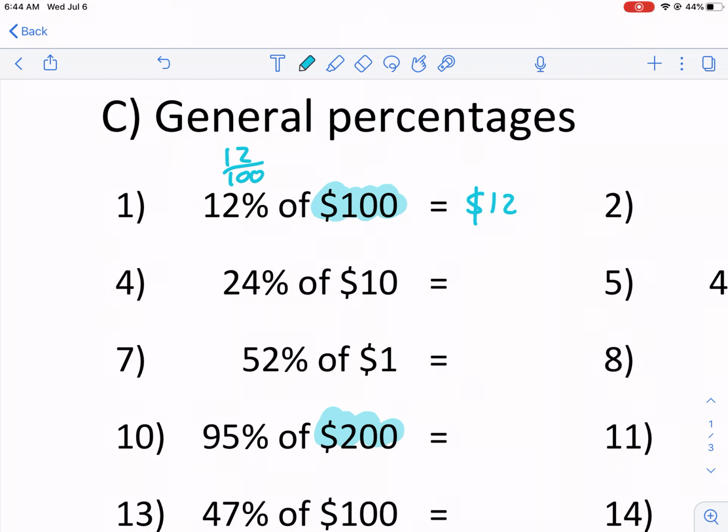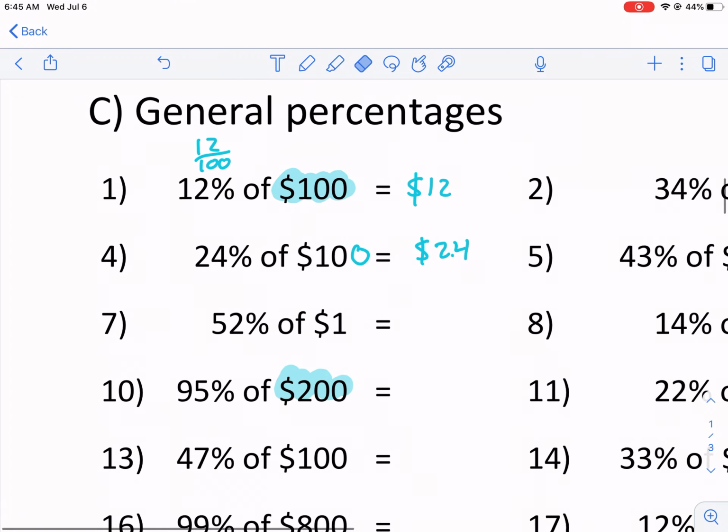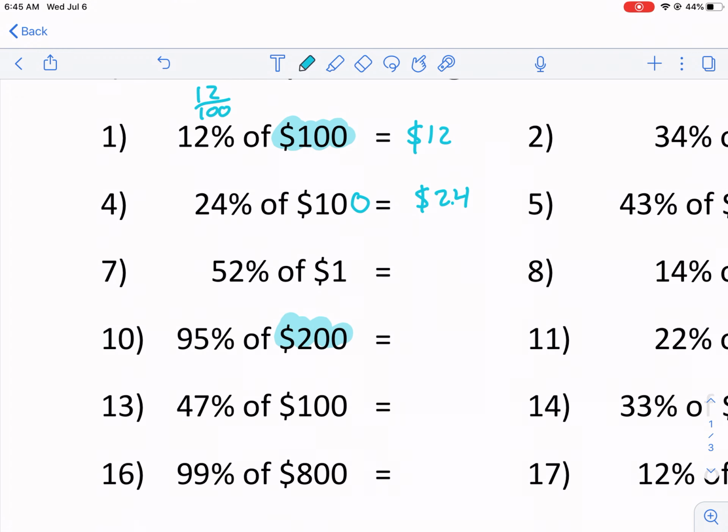So if we have 24% out of $10, well, if it was 24% out of 100, it would be $24. But it's not out of 100, it's out of 10, so we just need to make it one unit of 10 smaller, so it's going to be $2.4, okay? So that's just another way to think about it. Super, super simple.